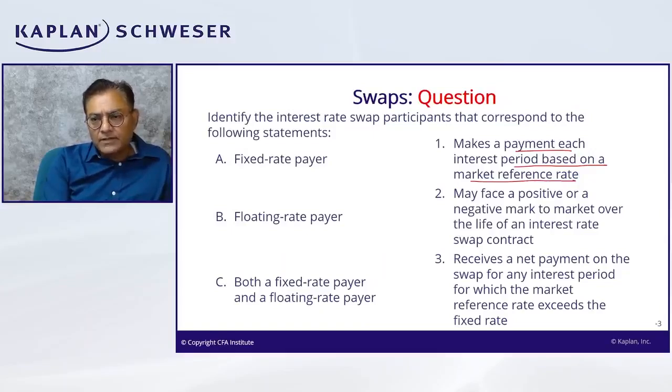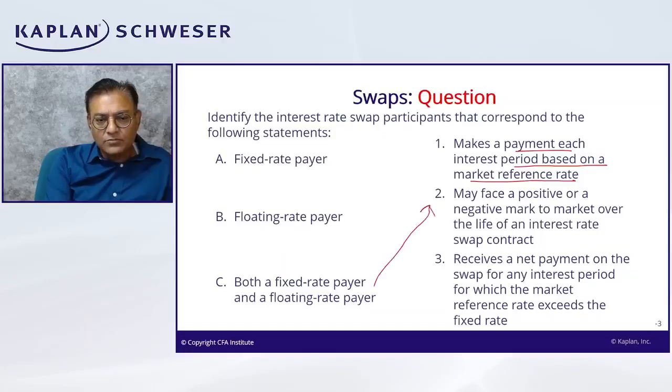May face a positive or a negative mark to market over the life of an interest rate swap contract. A fixed rate payer may face a positive or negative mark to market. For example, if the market reference rate is lower than the fixed rate, then the payer will have a negative mark to market. But that applies to the floating rate payer as well.